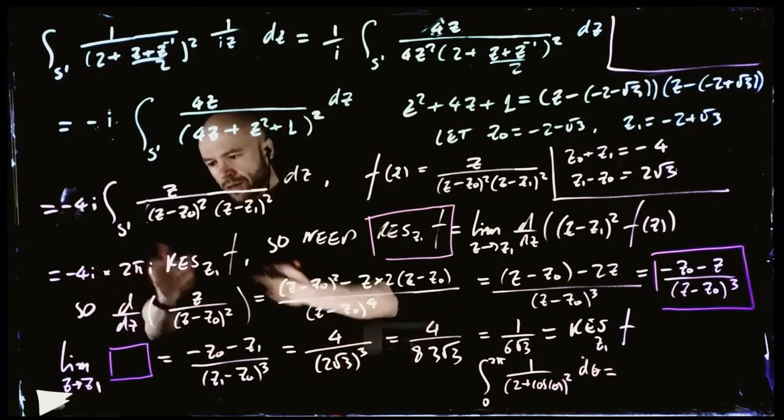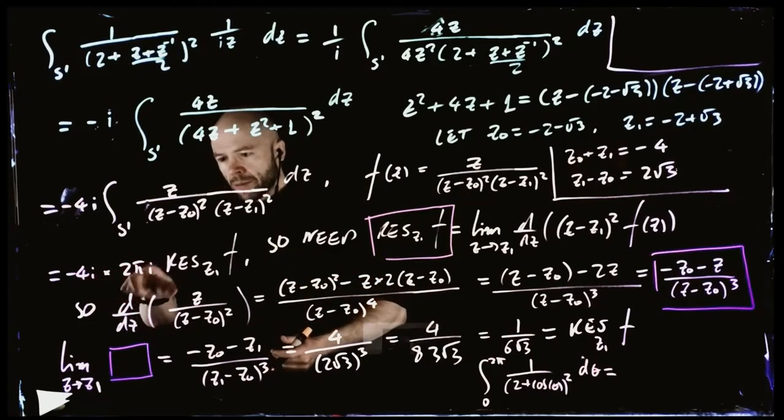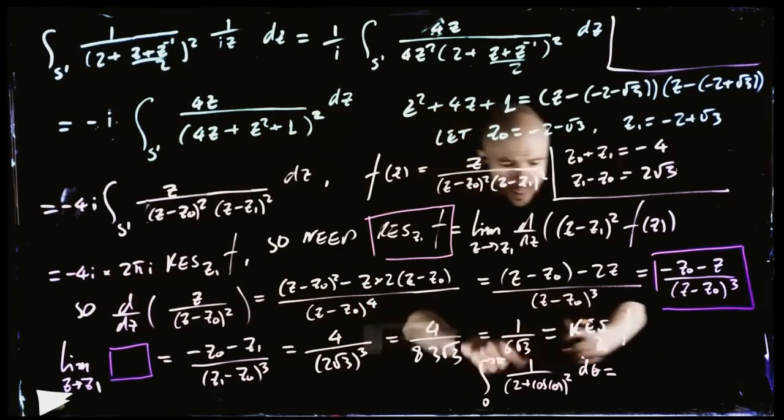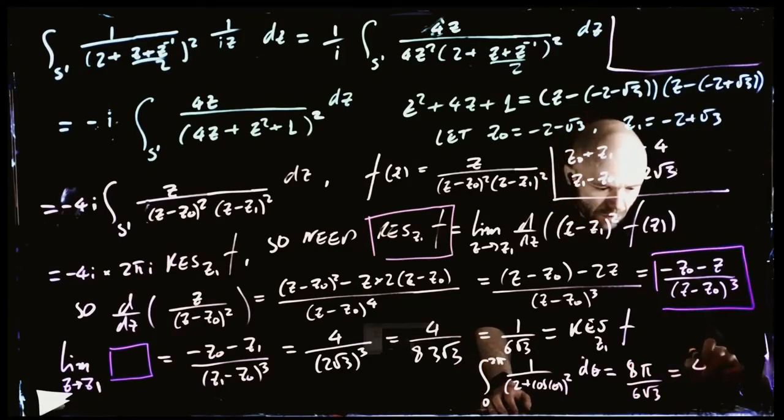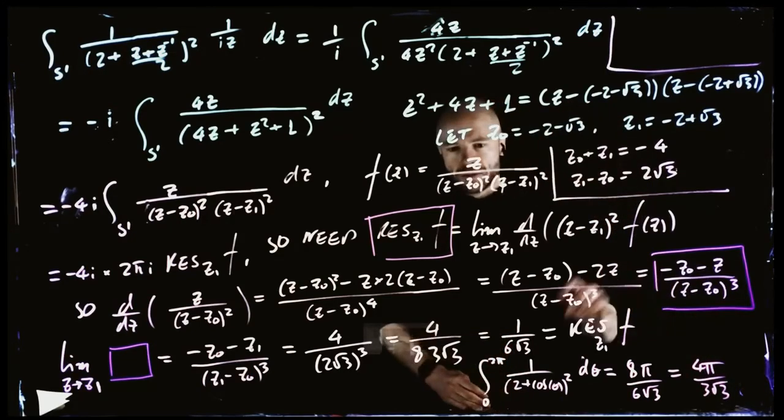I squared is minus 1, so it's going to be 8 pi times this thing, right? So it's going to be 8 pi times 1 over 6 root 3. So that's going to be 4 pi over 3 root 3. And that's the answer.